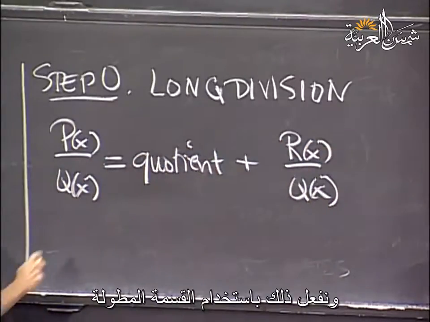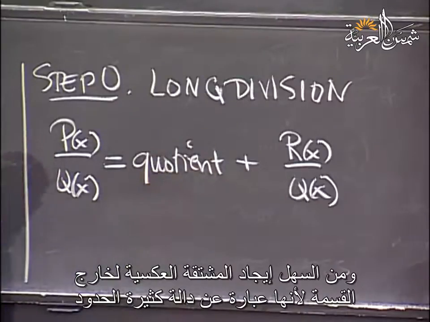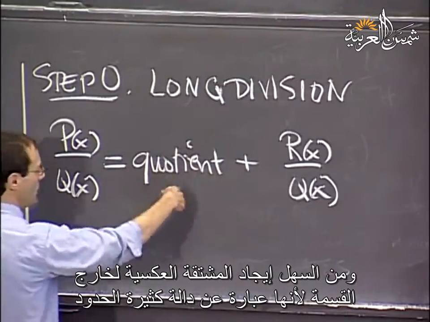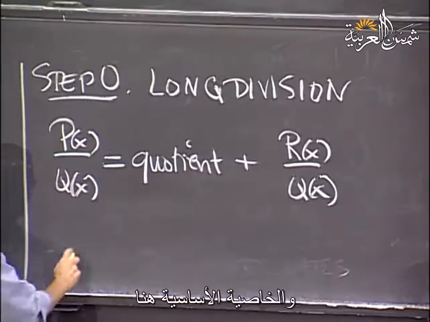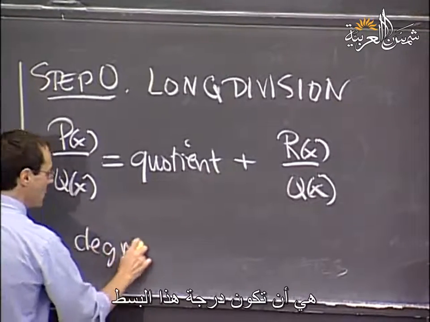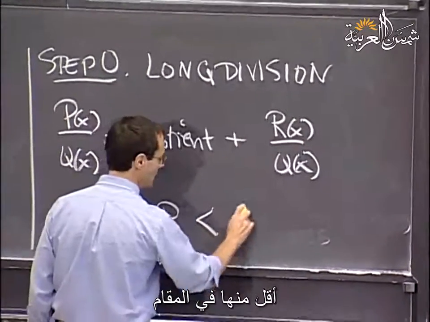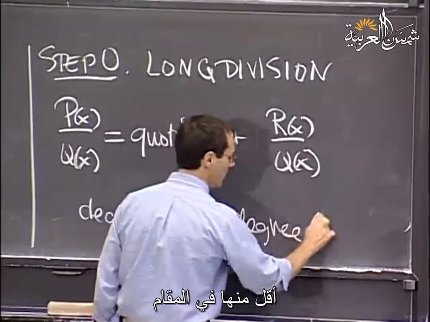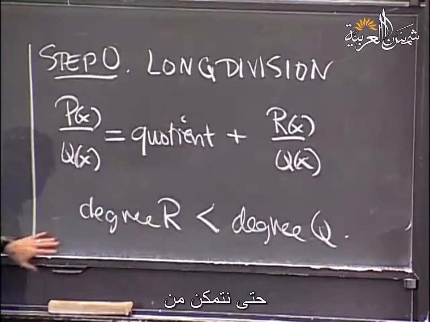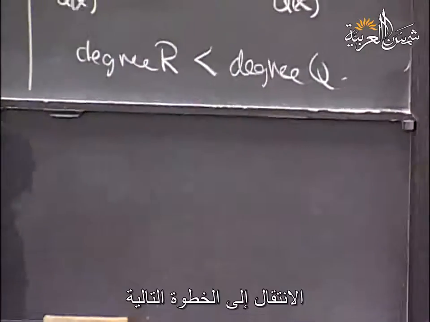And you do that by long division, and the quotient is easy to take the antiderivative of because it's just a polynomial. And the key extra property here is that the degree of the numerator now over here, this remainder, is strictly less than the degree of the denominator. So that you can do the next step.